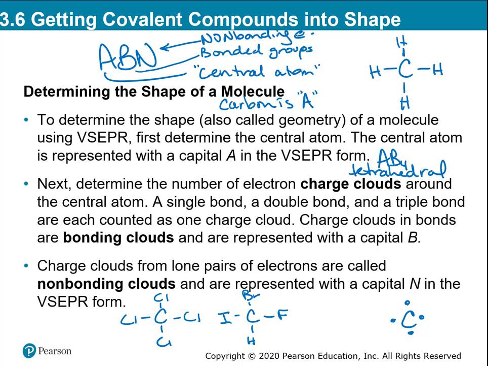So you can put yourself a note: carbon never has any N's. It never has any N values because carbon can have 4 single bonds. But carbon can also have a double bond and 2 single bonds.